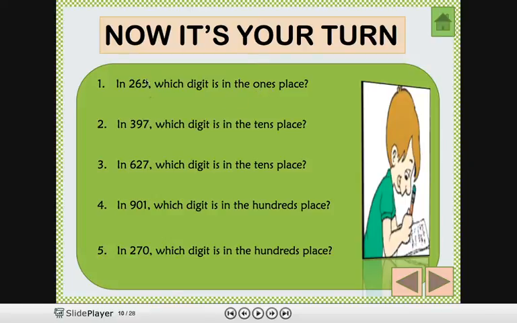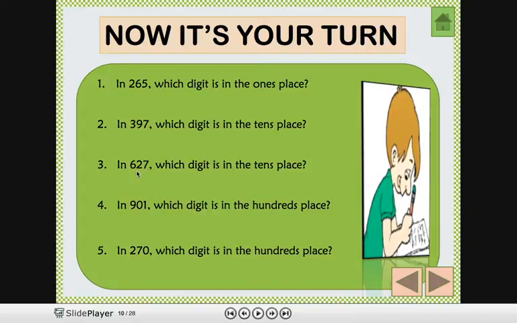The ones place is all the way on the right, so it would be the 5. For the number 397, it wants us to decide which digit is in the tens place. So we go ones, tens. Our tens place would be the 9.